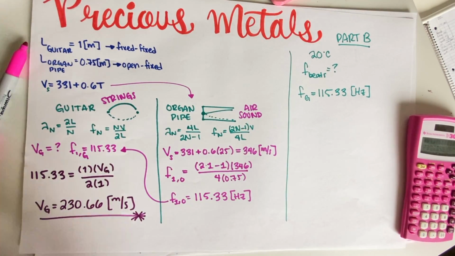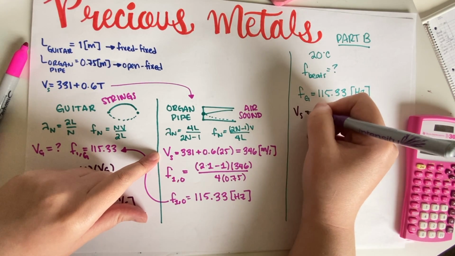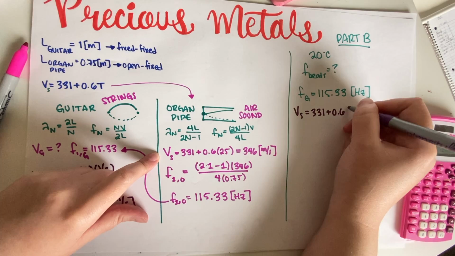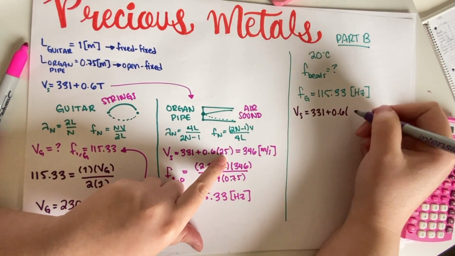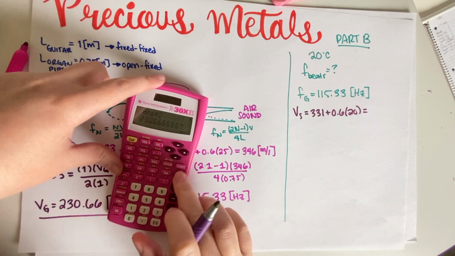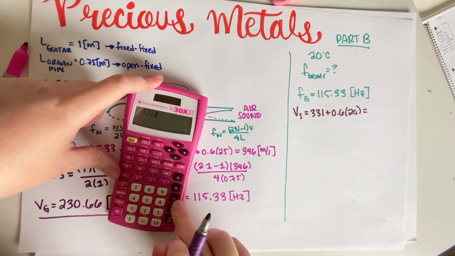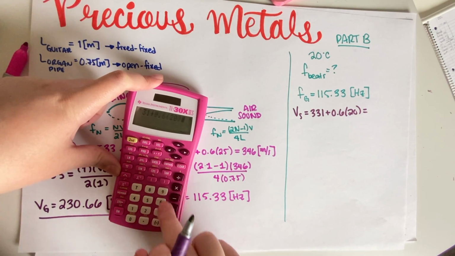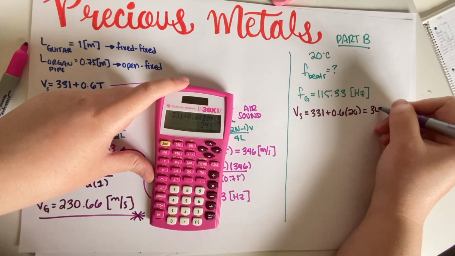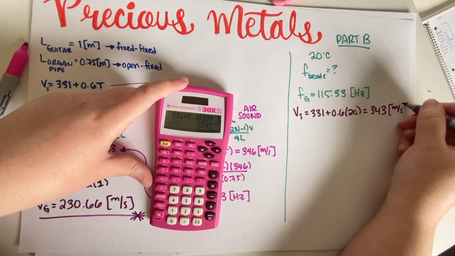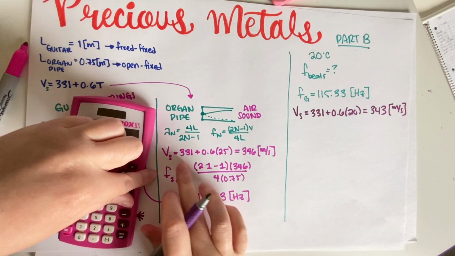The velocity of sound now is 331 plus 0.6 times 20, which is 343. So it changed. So now I just need to recalculate.